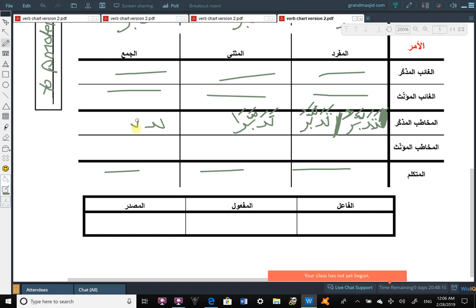Tadabbaru. Tadabbari. Tadabbara. That's a ta, an ugly ta, but it's a ta. Tadabbarna.